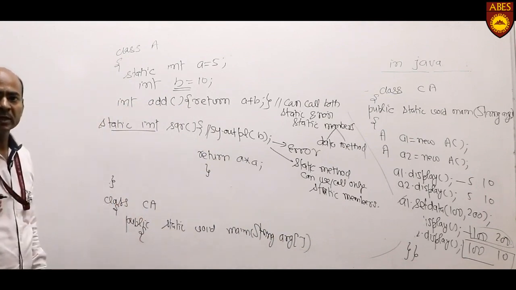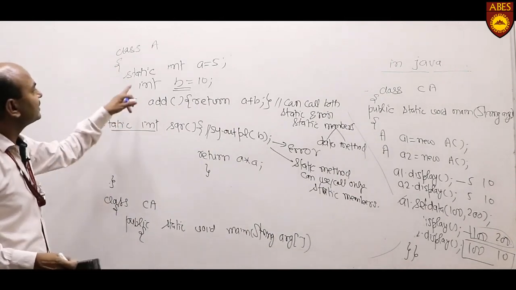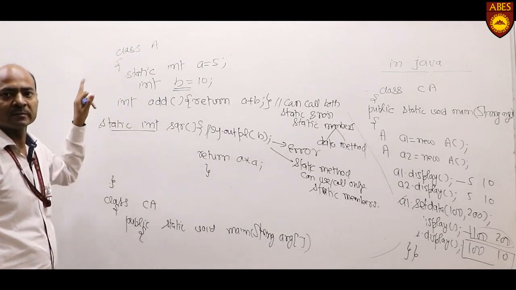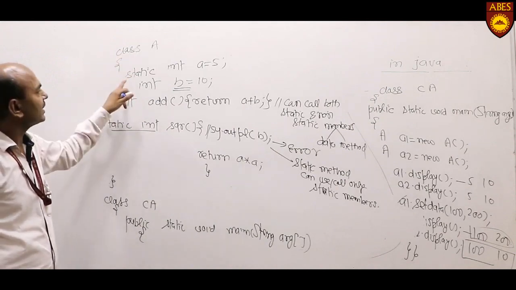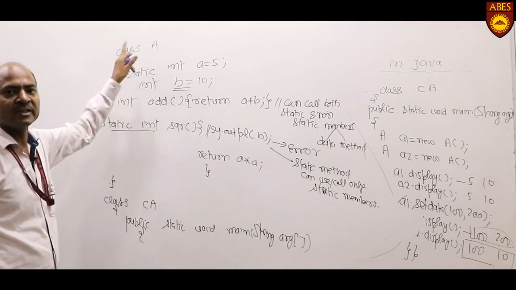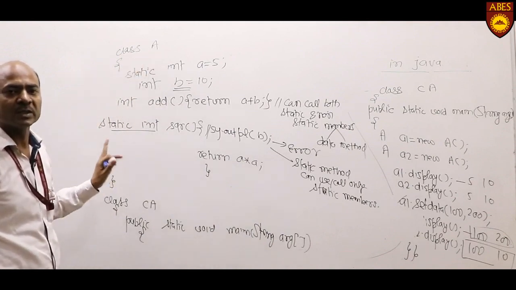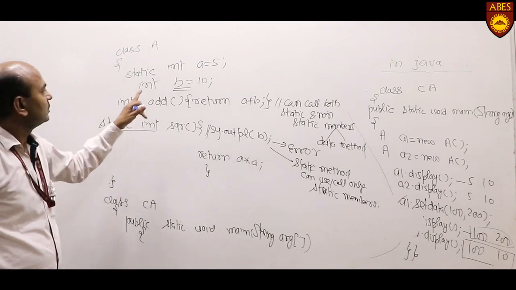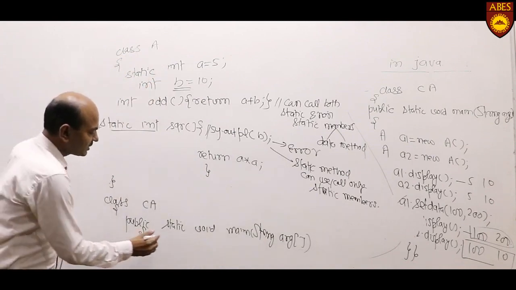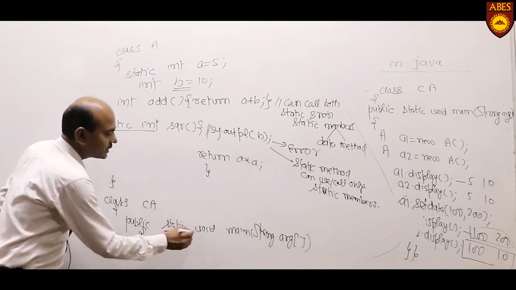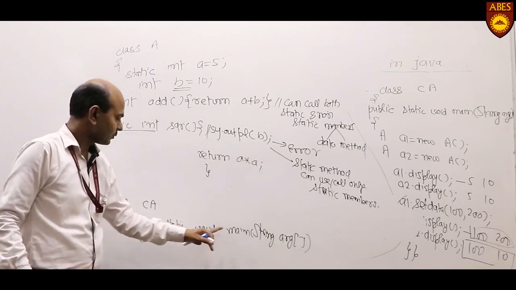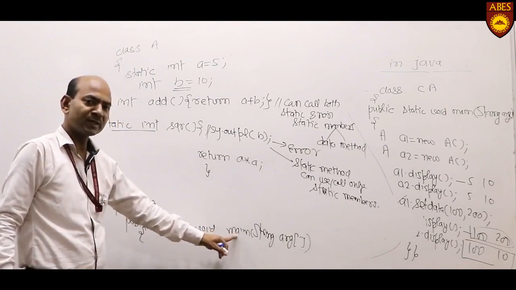One more thing I would like to tell you: static members, since these are part of the class, not part of the object, can be invoked with the help of the class name itself. There is no need to create an object of the class to use them. That's why the static modifier is used before the main method.